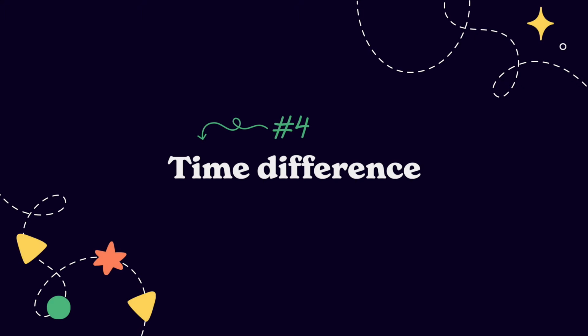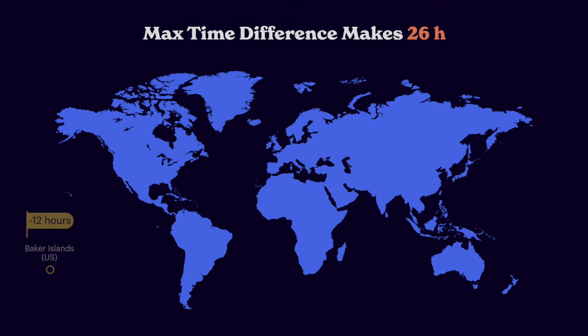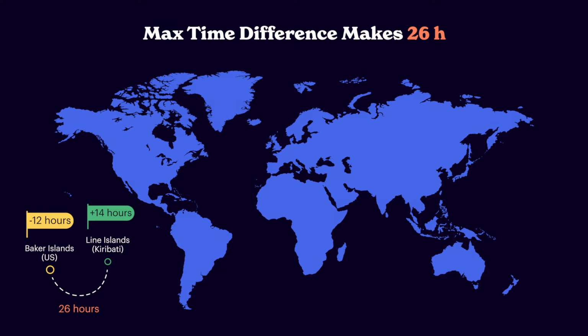Issue number 4 is time difference. Not every company uses UTC, or Coordinated Universal Time, in their software settings. Therefore, advertisers and publishers working in different time zones may attribute views, clicks, and conversions to different reporting periods. As the time gap between time zones on Earth can make up to 26 hours, the discrepancy caused by it can be very noticeable.